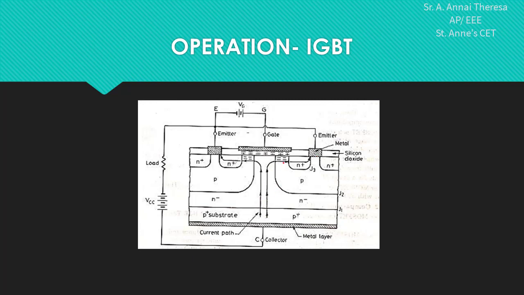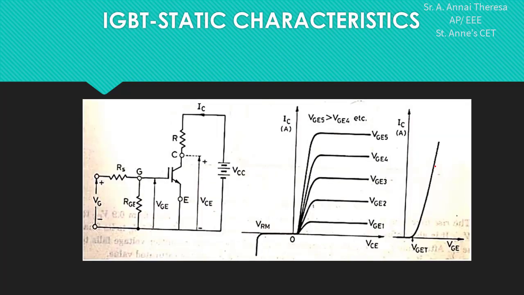If we increase this VGE voltage, then the collector current IC also increases. That's why it is also called a voltage controlled device, because by increasing this voltage, the output current IC increases.